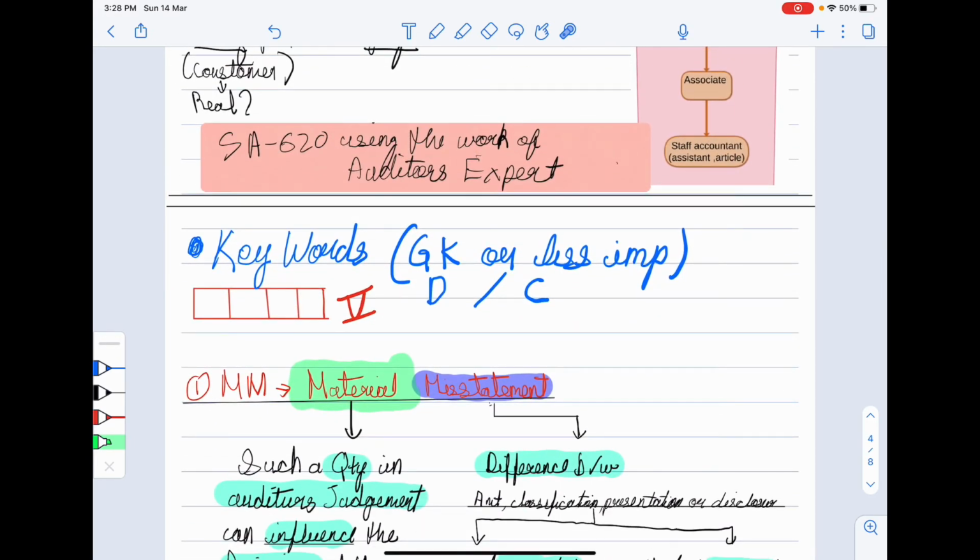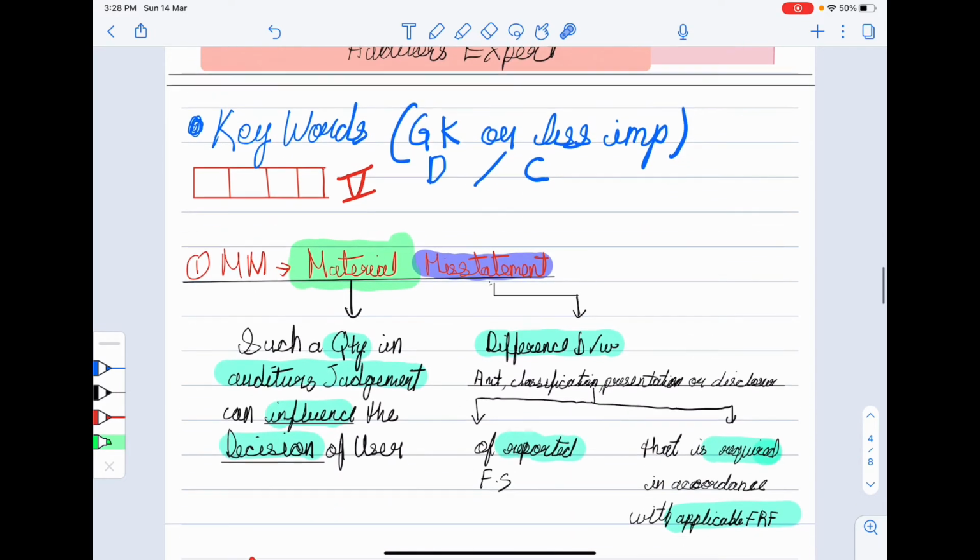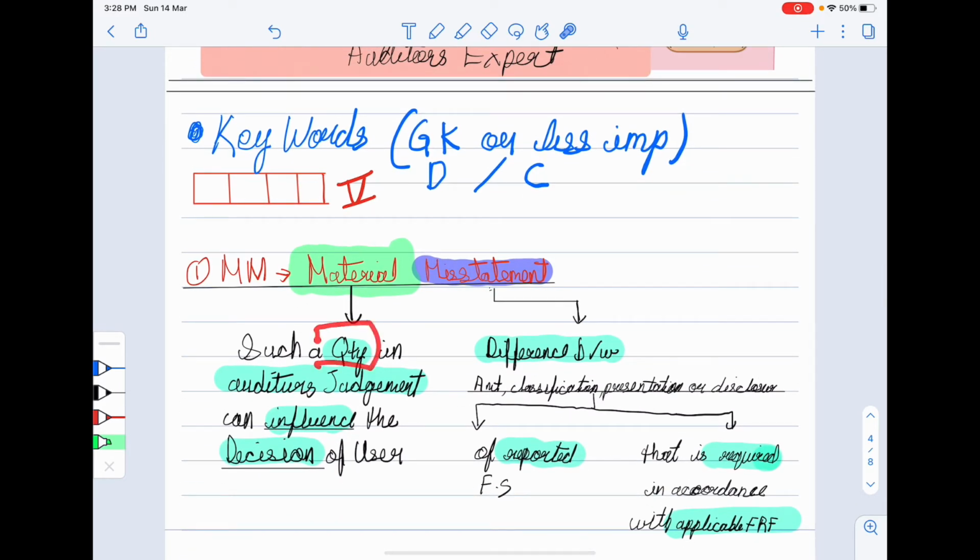Material means such a quantity in the auditor's judgment that can influence the decision of the user. For example, in the case of Reliance Industries, an amount such as 1 lakh will be irrelevant. It won't influence the decision of a user.